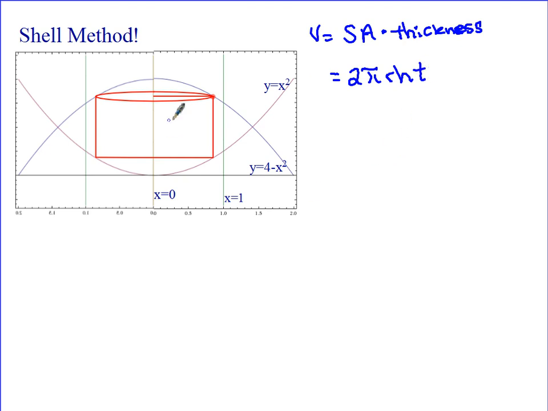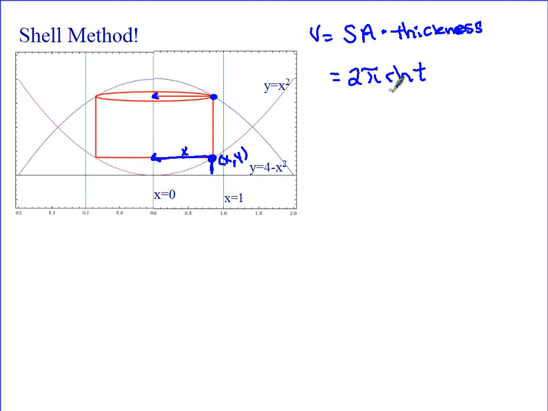Okay? So let's look at this radius here. The radius is this right here, and we're integrating this in x, so we want to think about what this is in terms of x. Well, if this is the point on the curve, the same radius would be right here. If I were to make a line right here, that point would be x comma y. So this distance from here to here is just x.